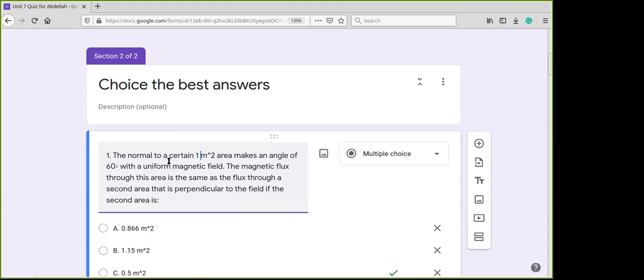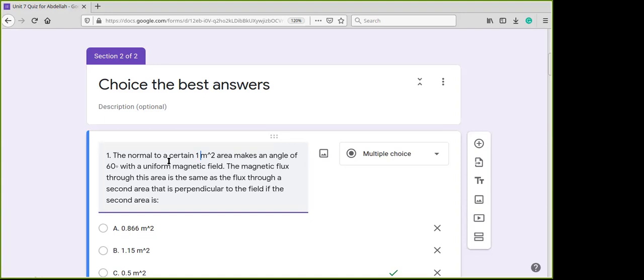Yes. Good. So the magnetic flux through this area is the same as the flux through the second area that is perpendicular to the field. Magnetic flux 1 is the same as magnetic flux 2.